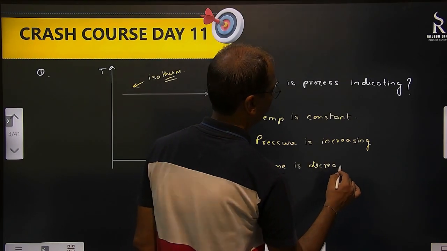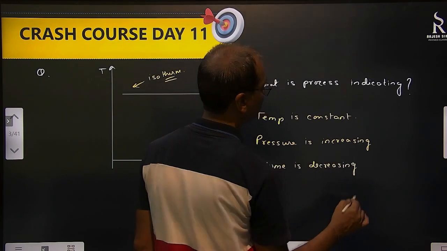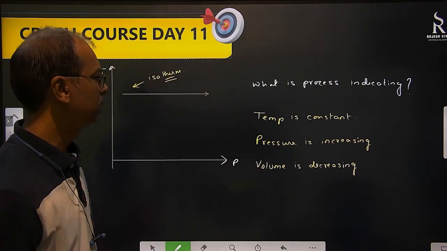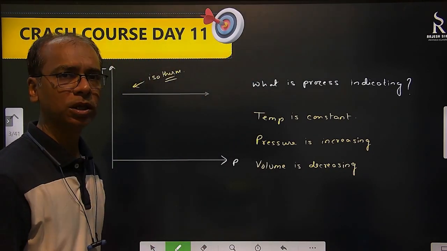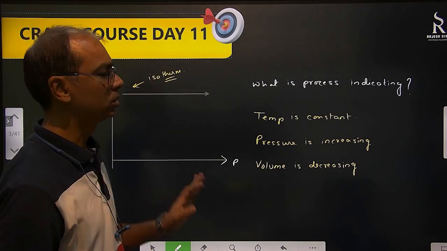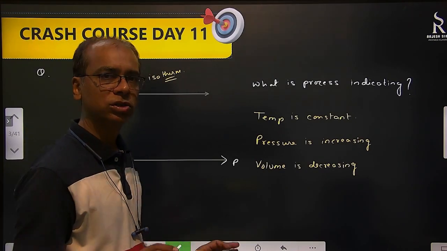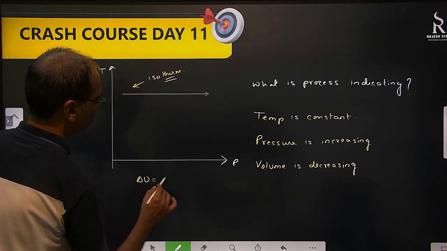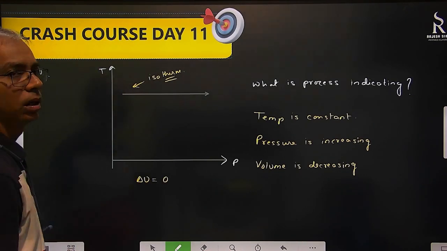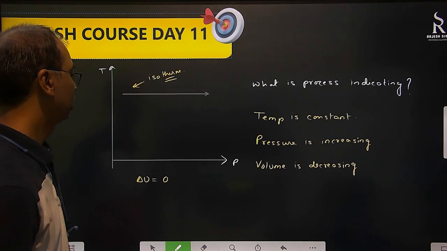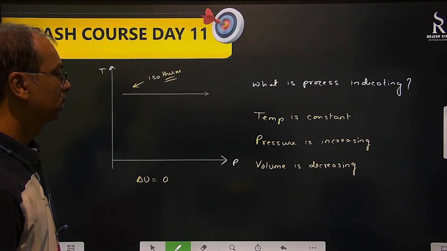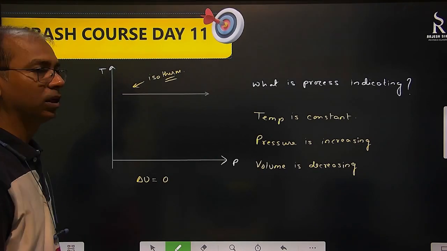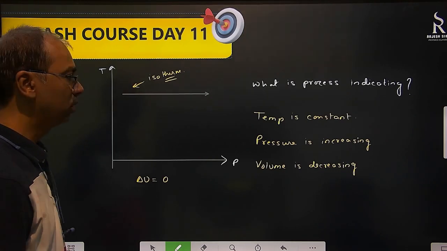What can we comment about heat? Is heat being given or heat being taken? What about internal energy? The temperature is constant, so internal energy is not changing. Delta U is 0. Okay, fine. What about heat? Is work done or not done?